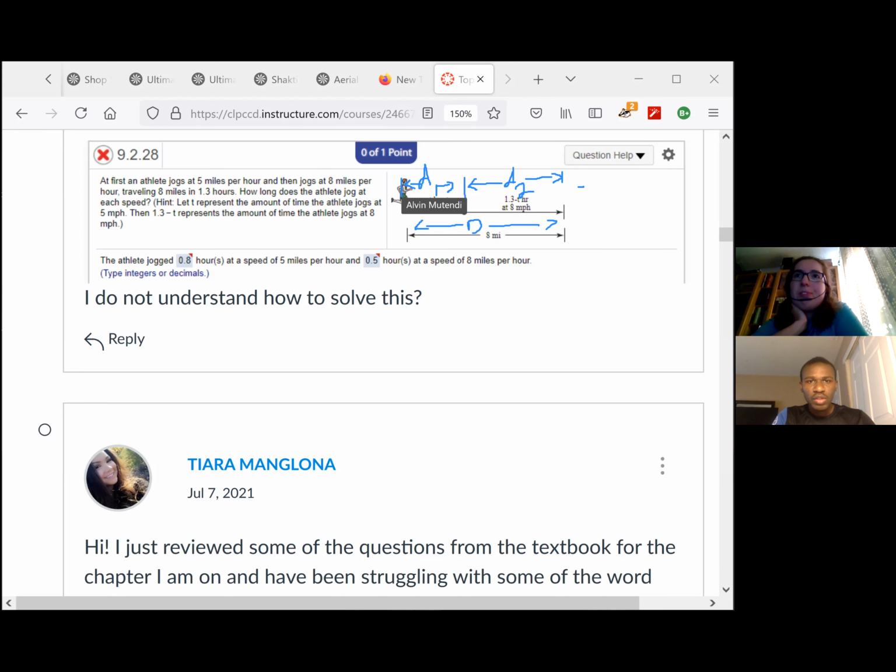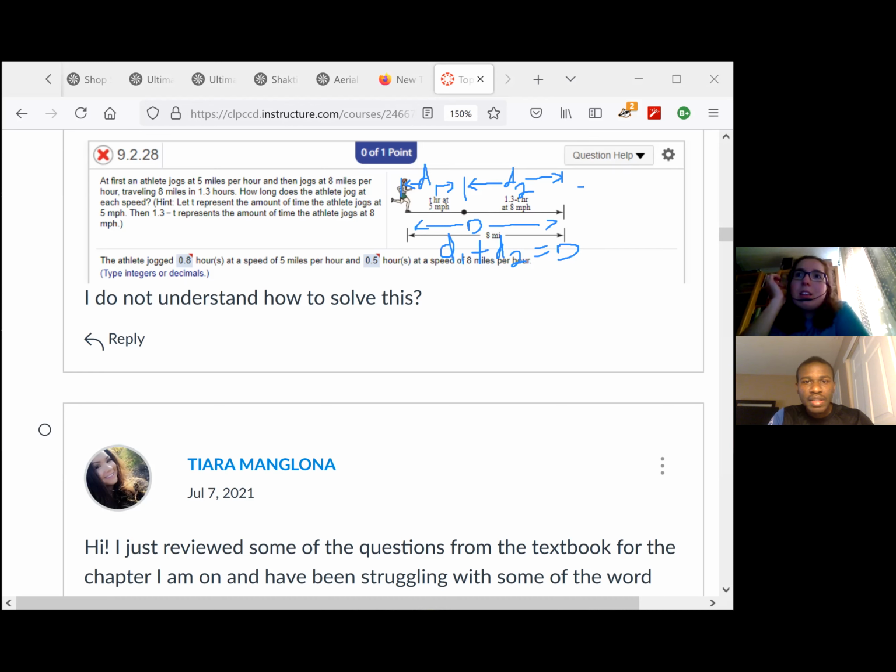As you can see, they want us to find D1 and D2, correct? But what we see is that D1 plus D2 is the one that gives us D, the total, which is 8, right here.